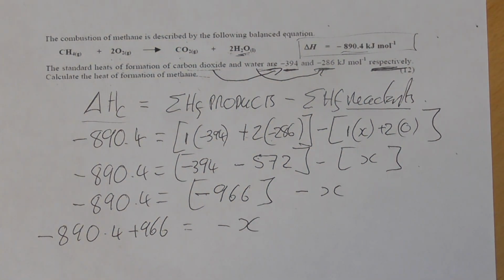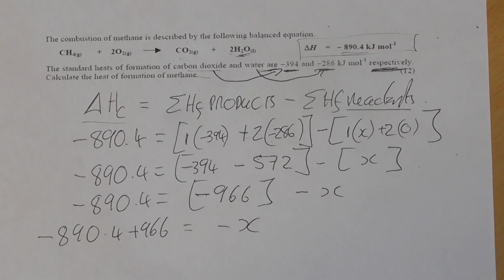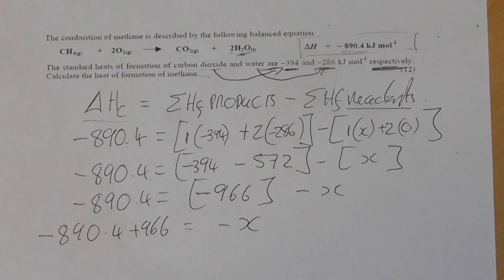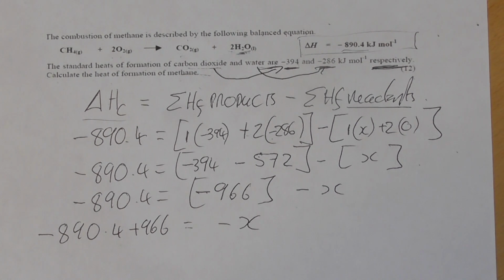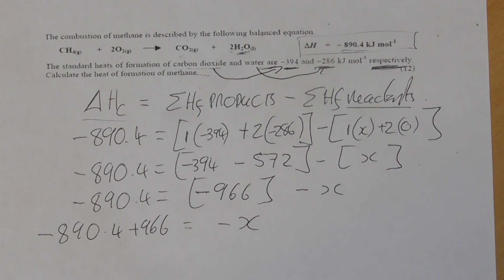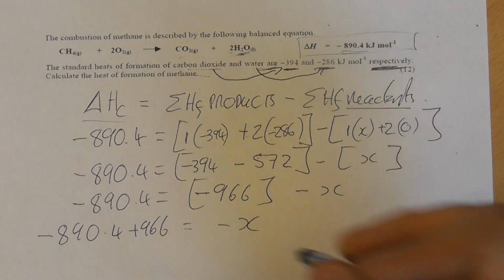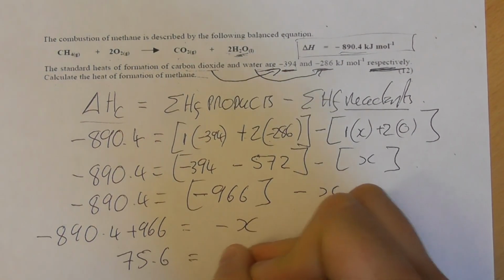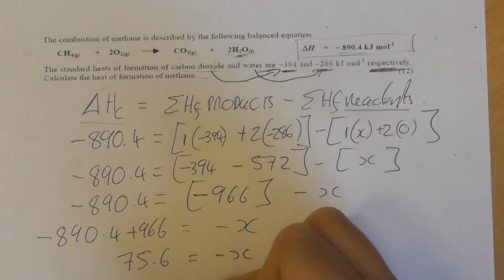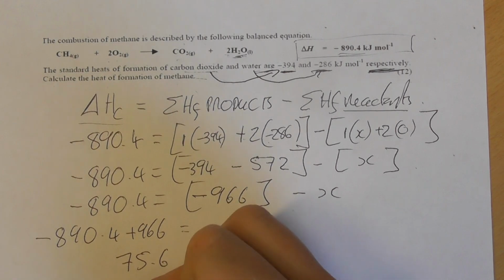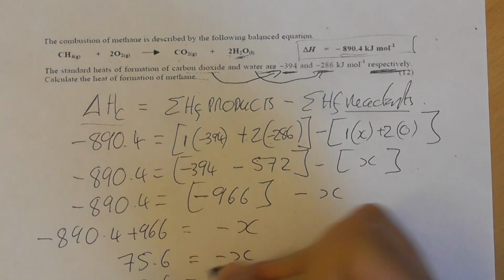Don't forget about the signs there, obviously this is very important. Then you could subtract the two of those, so it'll be 966 minus 890.4, and that will give you 75.6 is equal to minus X, and then of course you want to solve for positive X, so multiply this side by minus 1 and that side by minus 1, and you get 75.6.